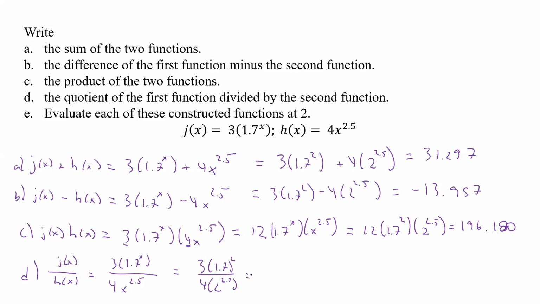That one gives us, in parentheses, 3 times 1.7 squared divided by 4 times 2 to the 2.5, and that looks like 0.383. Again, we're just plugging those into our calculator, so hopefully that shouldn't be too hard, and those would be the values you get. All right, so that's all I have for this section.